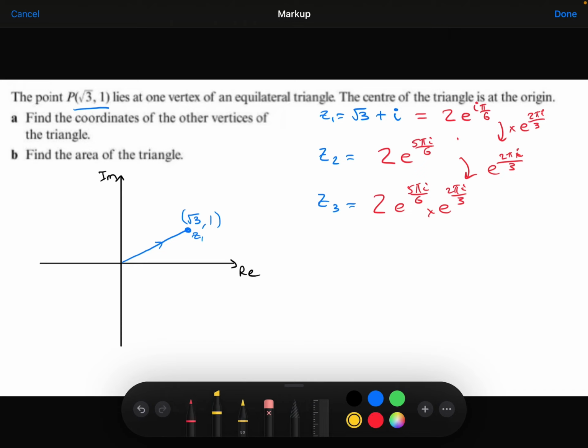The 5 pi over 6 plus the 2 pi over 3 gives 9 pi over 6, or 3 pi over 2. Or if you prefer, we could turn the 3 pi over 2 into minus pi over 2. So we should do that actually.